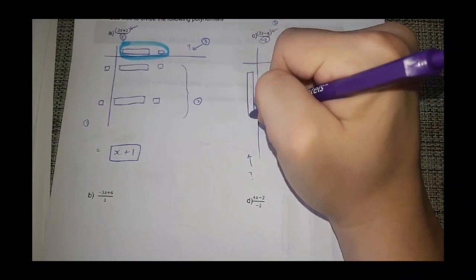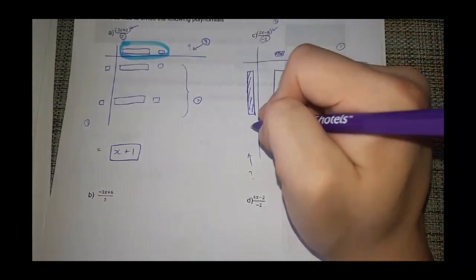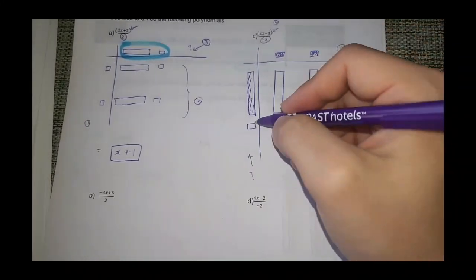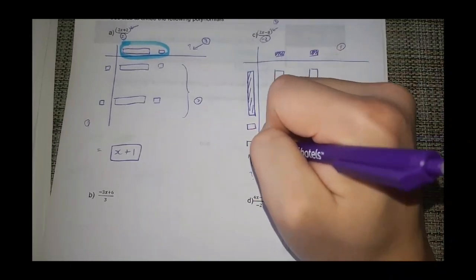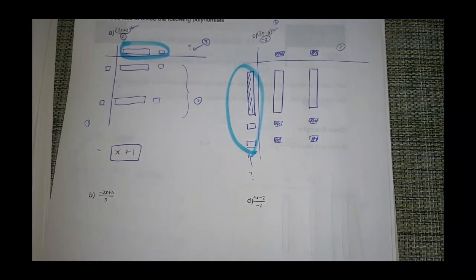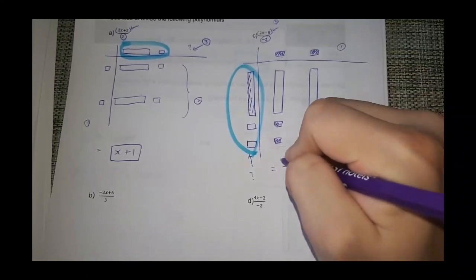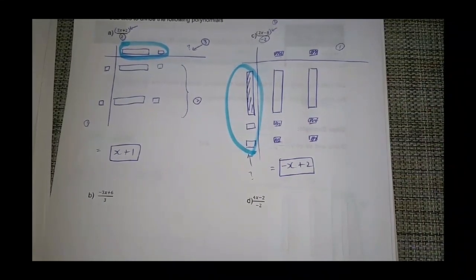So I'm gonna put color strip over here because negative times negative give you positive. Color, non-color give you color. Negative times positive give you negative. Same thing. And long story short, negative x plus 4 becomes my answer for 2x minus 8 divided by negative 2.